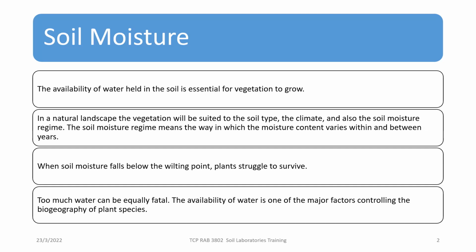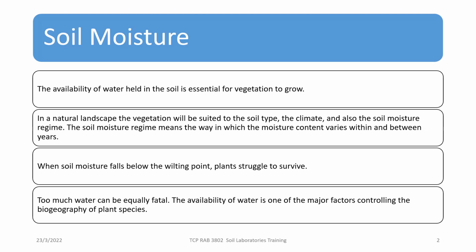Of course, when the soil moisture falls below the wilting point, the plant will struggle to survive and even show some symptoms of wilting. And if this condition continues for a long time, maybe this leads to the death of the plant.